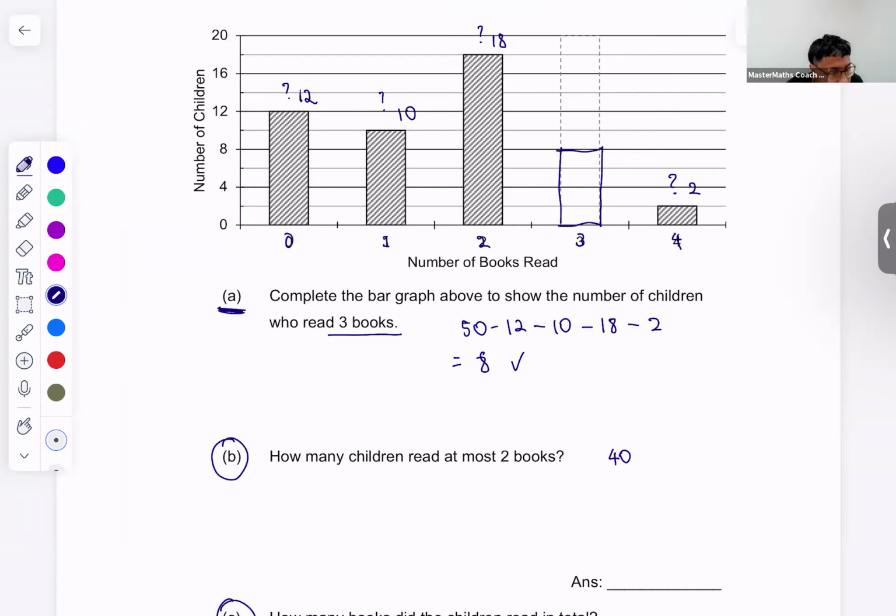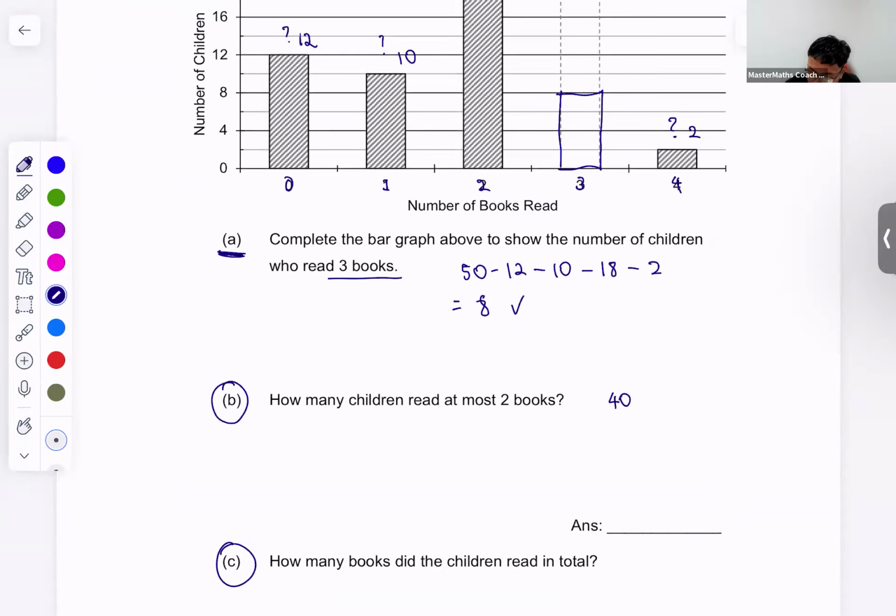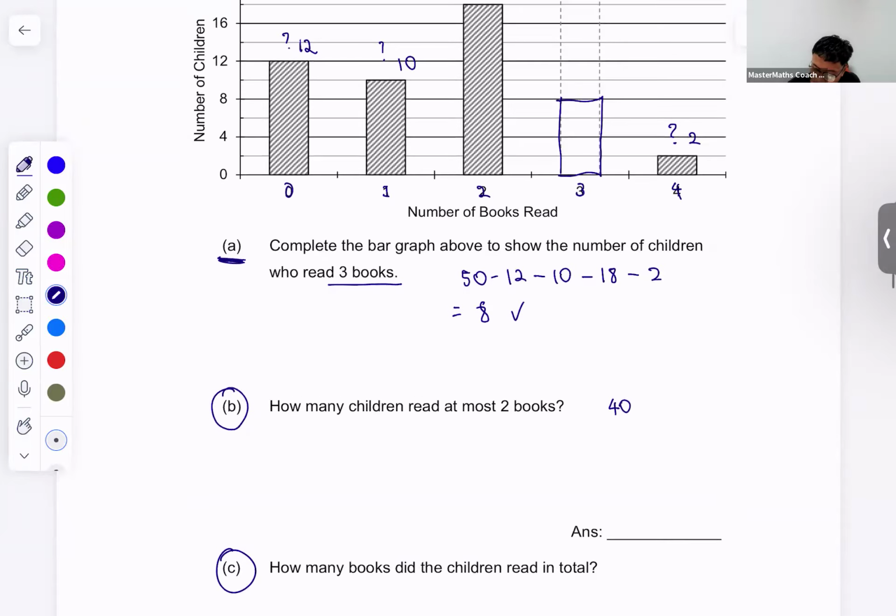Did you manage to get 40? Maybe you are muted. So to find how many children read at most two books, that means you must read two or less books. Is the answer 23? For part B, the answer is 40.